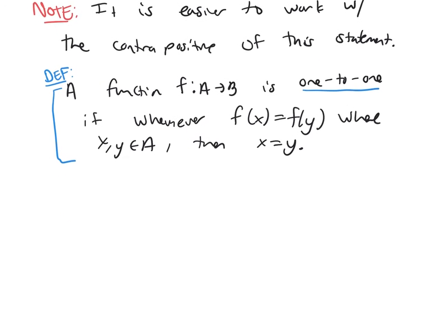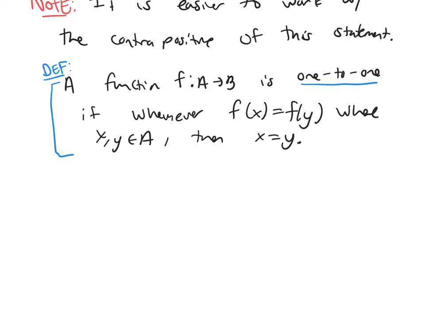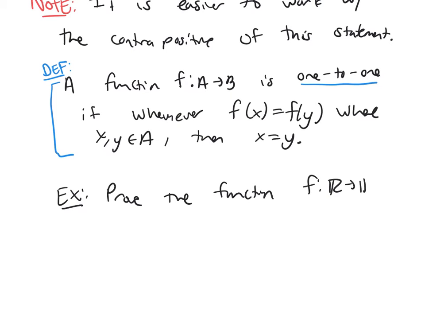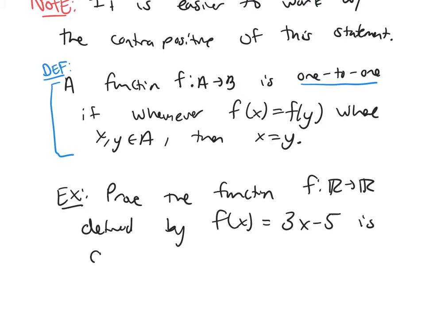So let's look at some examples here where I want to either prove or determine that a function's one-to-one. So let's say, prove the function f from R to R defined by f of x equals 3x minus 5 is one-to-one.